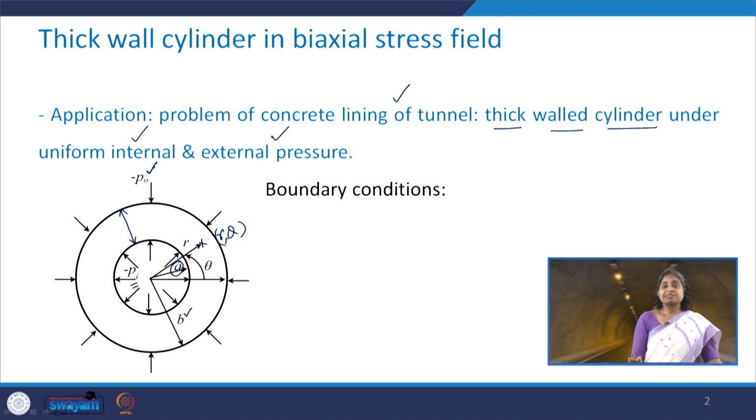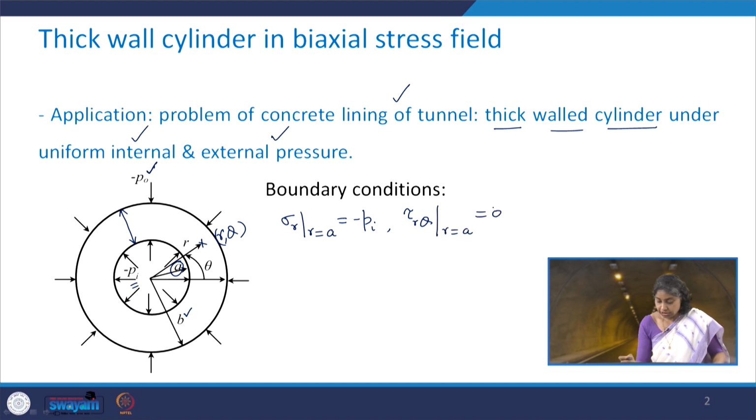First, let us take a look at the boundary conditions. We have sigma r at r equal to a is minus Pi, and tau r theta at r equal to a is equal to 0. Now, what about the outer periphery?